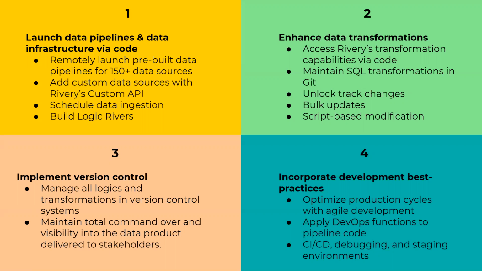And then you can keep that archived or controlled within a GitHub repo that you can then share with certain teams with your client. The fourth one is to optimize your production cycles to speed up development according to DataOps best practices, including everything from code review on pull requests to debugging to deployment across environments.